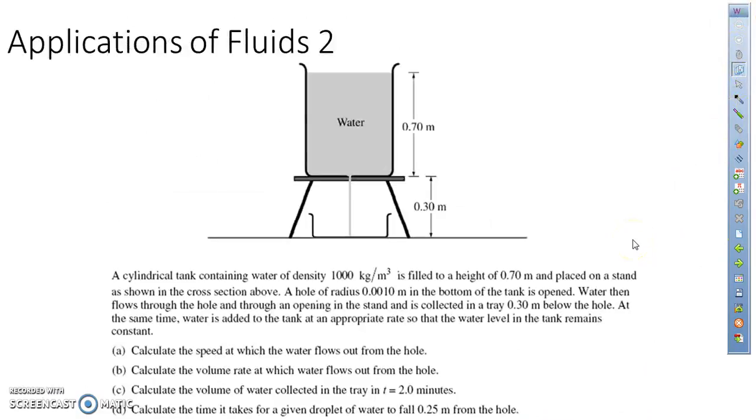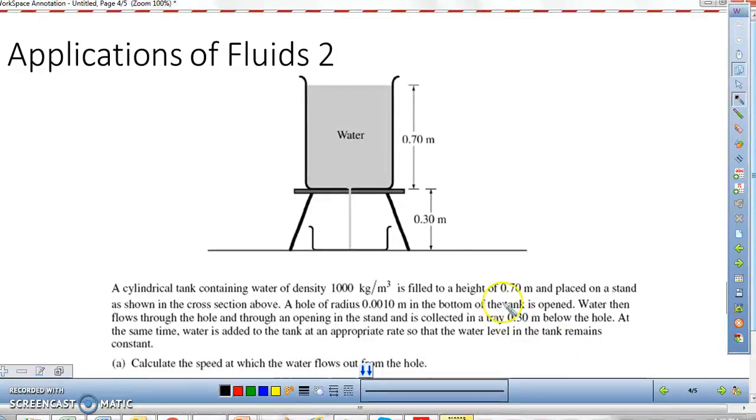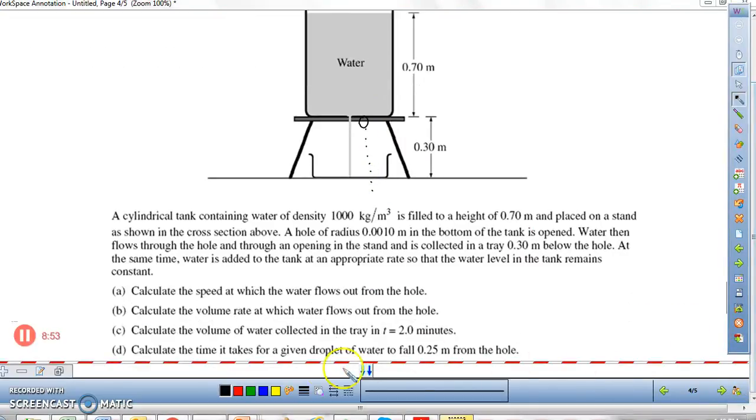And then the time it takes to fall that distance from the bucket. This is a disguise of a kinematics problem. So we have a droplet of water, and it says that it falls 0.25 meters from the hole. So the time it takes to do that, the delta x is going to be the 0.25 meters.